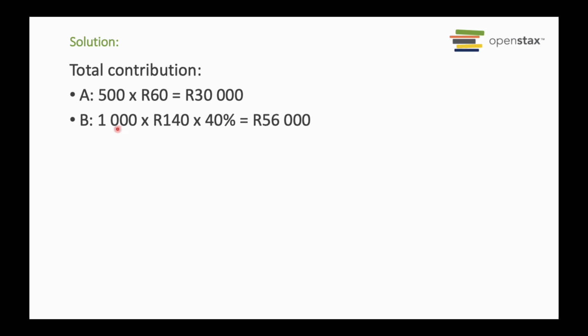Therefore, 1,000 times 140 Rand is 140,000 Rand total sales times a contribution margin ratio of 40%. It would mean that the total contribution we would earn on those sales is 140,000 times 40% equal to 56,000 Rand. Therefore, we will accept customer B because customer B will give us a higher total contribution margin.